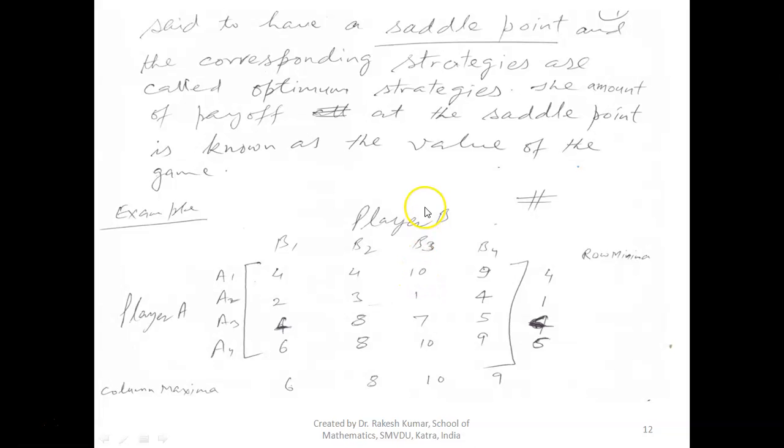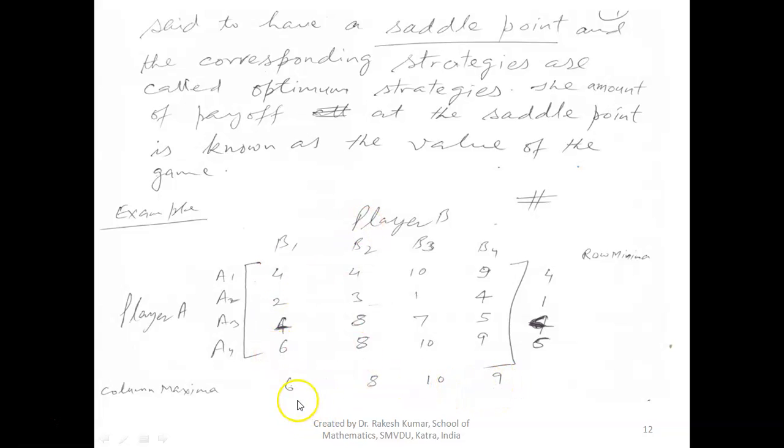So the maximum loss to player B pertaining to strategy B3 would be 10. Hence these maximum values in each column are the maximum losses to player B.